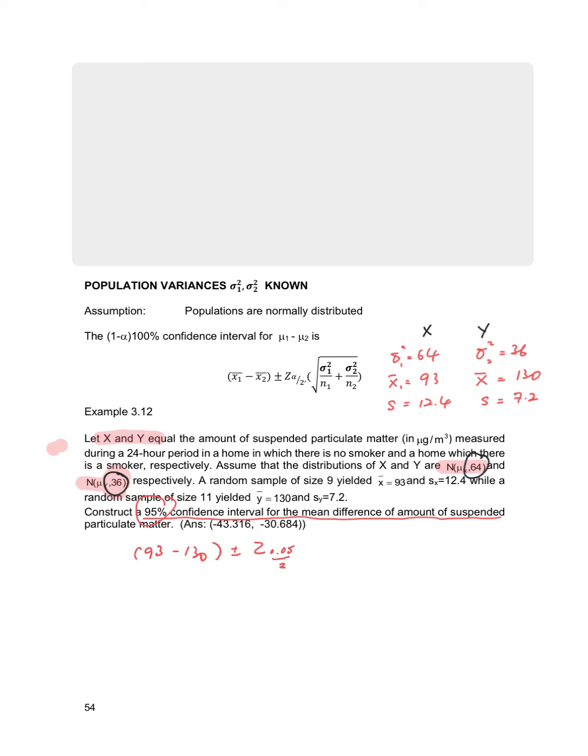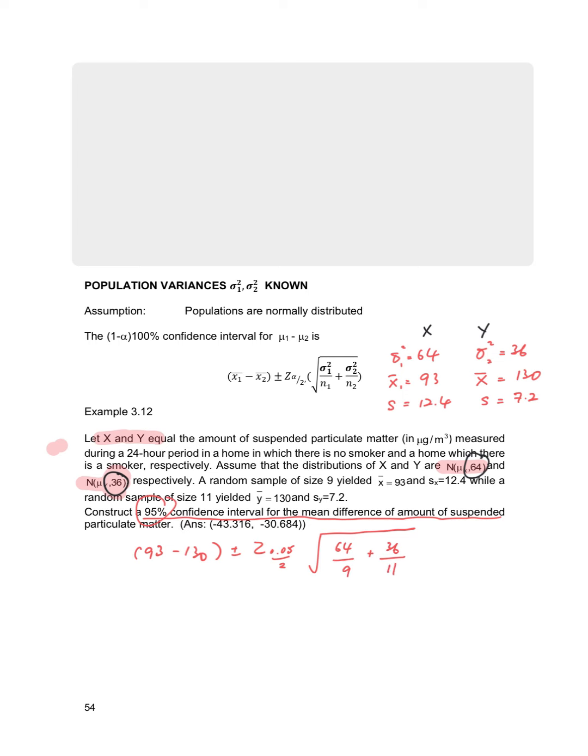Okay, kita kena darabkan dengan square root sigma 1 square, population variance. Kita tahu population variance value dia 64. So 64 over N1. N1 is population X, dan dia kita ada 9, plus population 2, variance dia adalah 36 over 11.